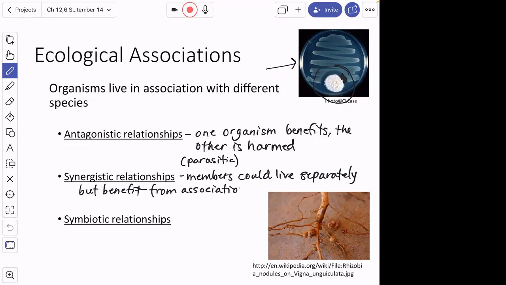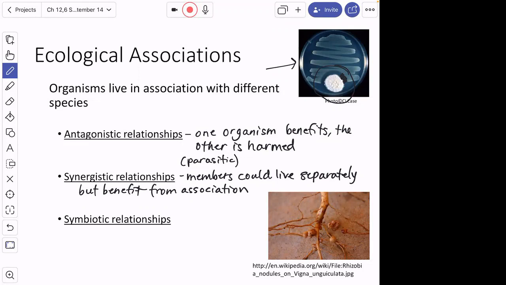Always let me know if you can't read my writing. Okay, so I was trying to think, this would be hard for us to know for sure about bacterial relationships, if they're synergistic. Well, like humans and dogs, they can live separately, but they generally both benefit when they live together. So that's the example I came up with.